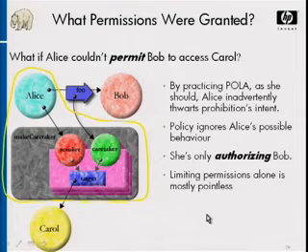Well, if Alice practices least authority within this access control list architecture, then Alice doesn't think to try to give Bob permission because that would give Bob too much authority.